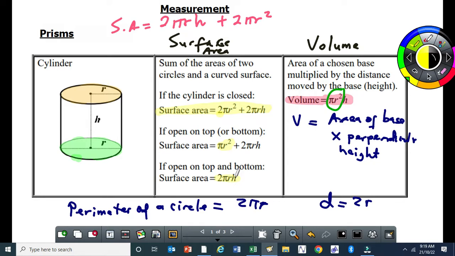So there are three cases when it comes to a cylinder, but the general formula for the surface area is 2 pi r squared plus 2 pi r h, or you can write it as 2 pi r h plus 2 pi r squared. So this is only for a standard cylinder. This is the general formula for the standard cylinder.